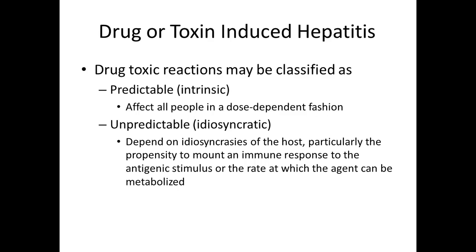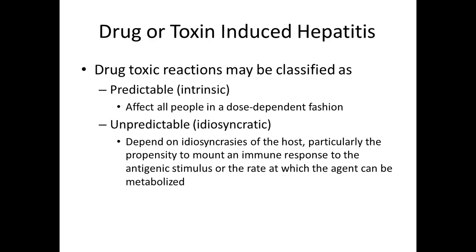You might remember from your pharmacology knowledge of the side effects of various drugs that a large number of drugs induce hepatotoxicity or nephrotoxicity, either in a predictable manner or in an unpredictable, idiosyncratic manner.